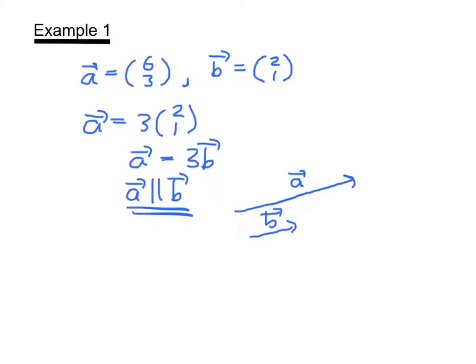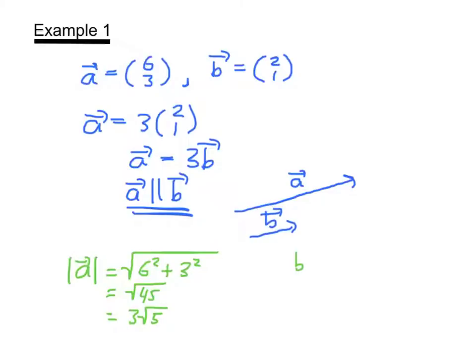Now, just to further prove the point, let's find the lengths of these two vectors. So we want to find the length of vector A, and remember from a previous video that we're really taking the square root of the sum of each component squared. In this case, this simplifies to the square root of 45, which I can further simplify to 3 times the square root of 5.